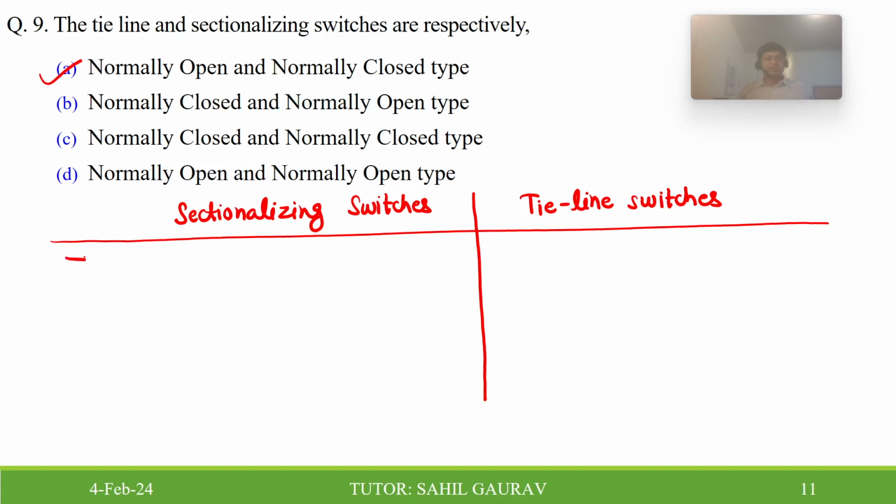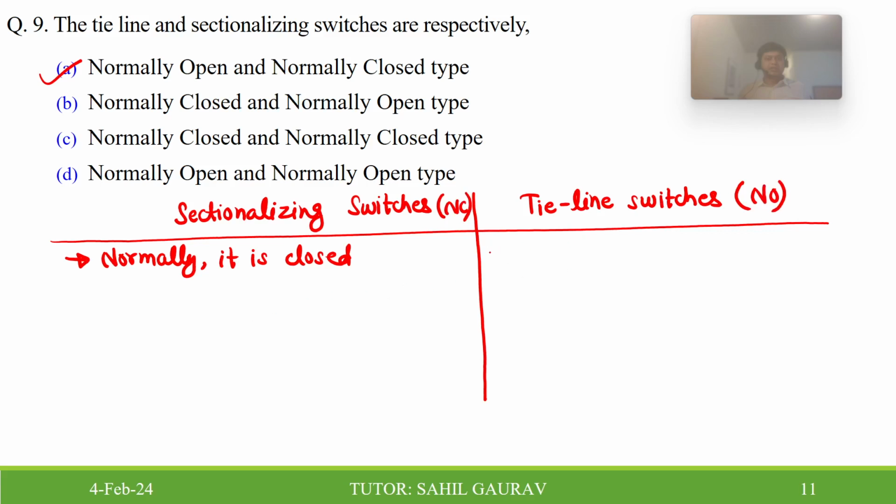Sectionalizing switches are normally closed, NC type, and tie line switches are normally open type.